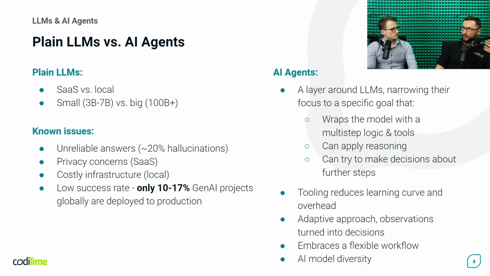They can apply domain-specific reasoning and can even make decisions about further steps in the given area for the given problem. And since they are usually focused on one particular domain, they achieve a drop in hallucinations from the initial 20% to around or less than 2%. That's what we've observed. So I guess the answer to your question is yes. Okay. All right, should we go further?